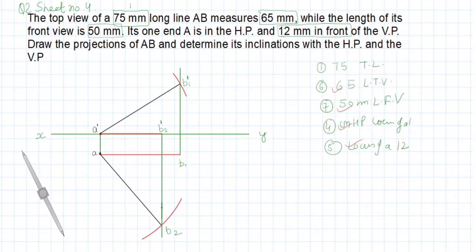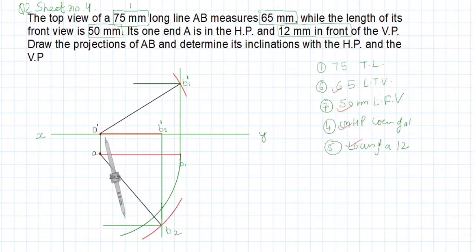Then we have to draw the projections. The point B dash will lie on the locus of B1 dash, somewhere here, and the point B will lie on the locus of B2, somewhere here. For that, we take the compass, place it on B1 and make an arc.